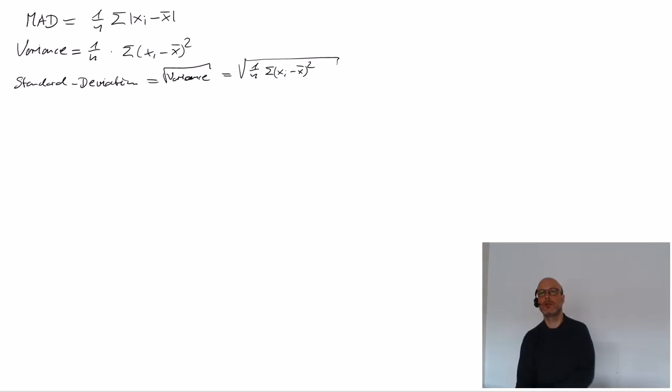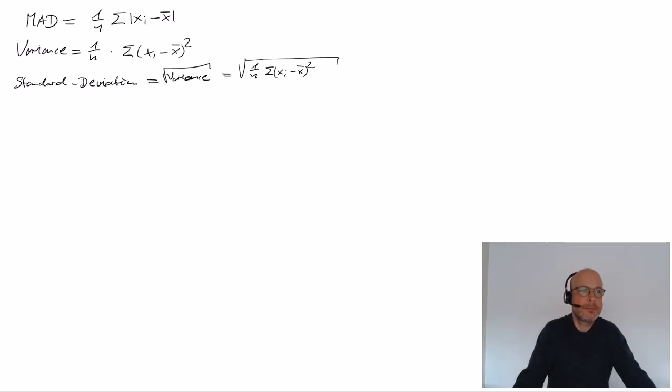Well, this means if you have in general large numbers, then of course you shouldn't be surprised that a data set with large numbers, compared to a data set with small numbers, has a larger standard deviation.